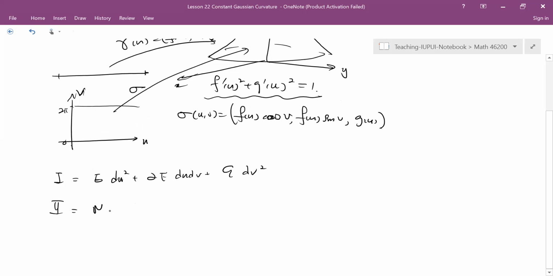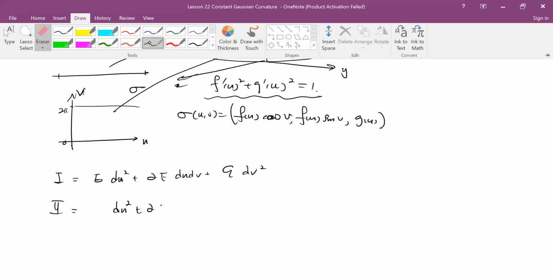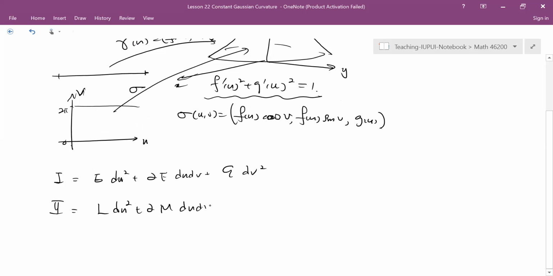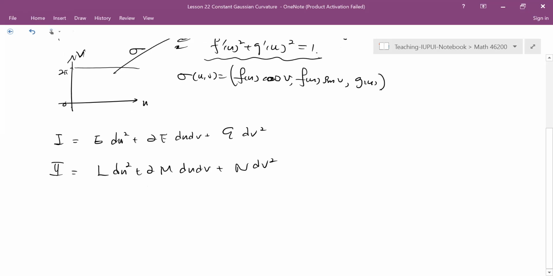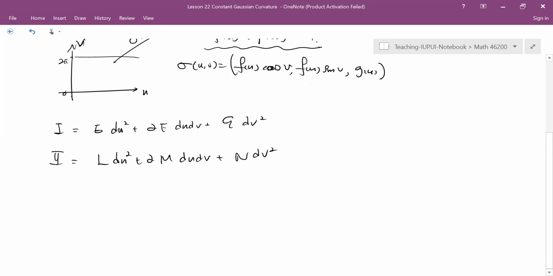The second fundamental form is L du squared plus 2M du dv plus N dv squared, so L, M, N. For this particular example, we can determine the coefficients E, F, G, L, M, N. We learned the formula: the principal curvatures are completely determined by these.